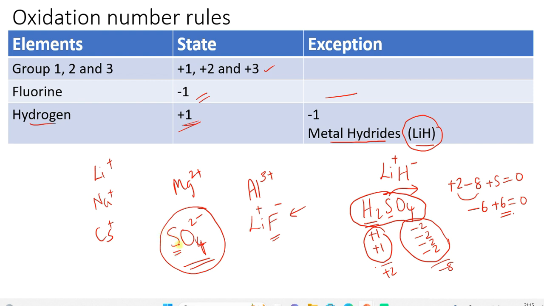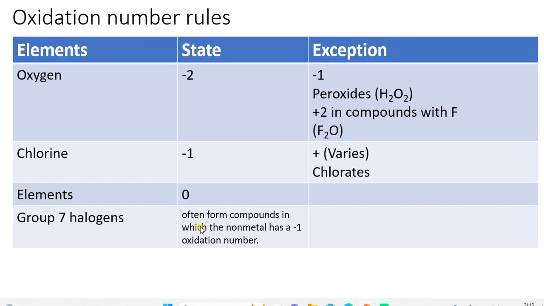If you look at the sulfate ion, the same rules apply. Oxygen is -2, except in peroxides, and we'll see what that means in a minute. Let's look at how it is applied in an ion like SO4 2-.